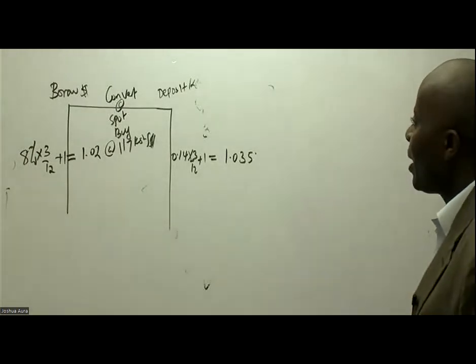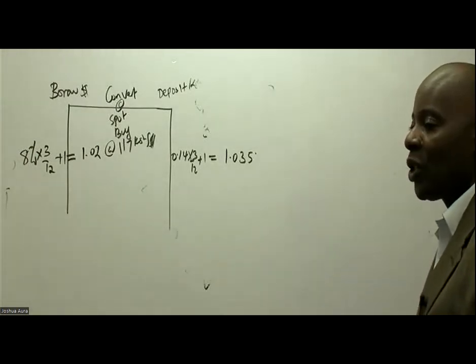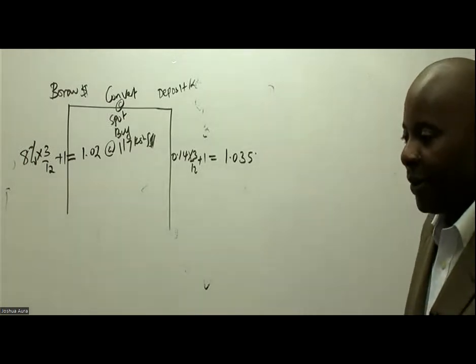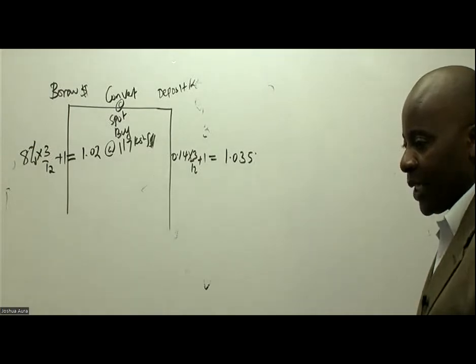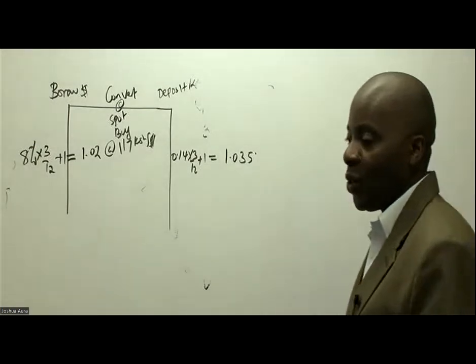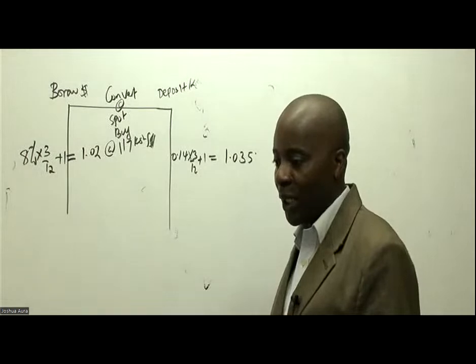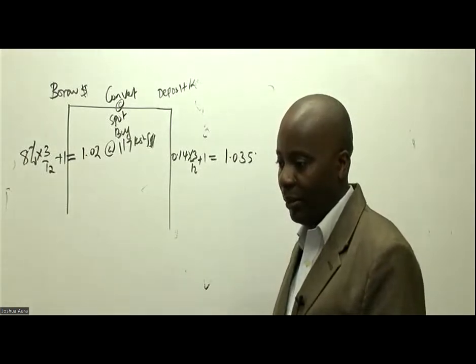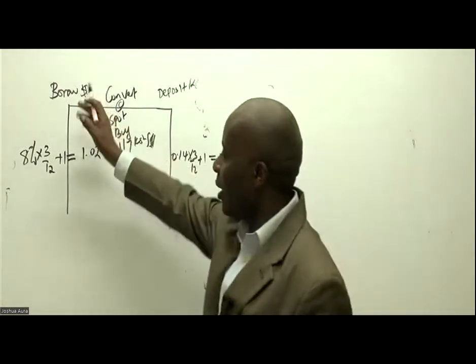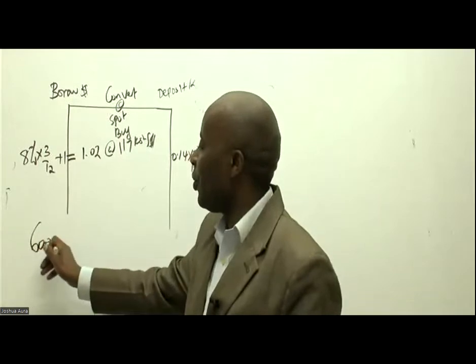Remember, this gentleman is supposed to be receiving how many US dollars? Remind me the figure. 6 million. So where should I put these US dollars? Where should I put them? Under borrow, under dollars, isn't it? Under dollars here, 6 million US dollars.